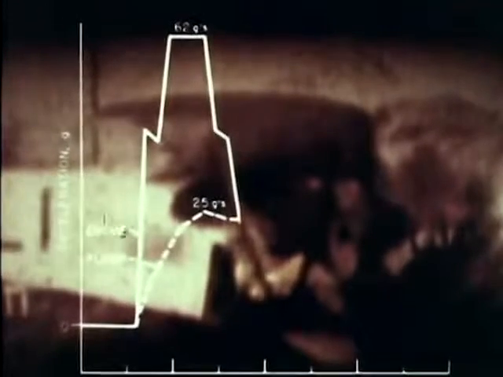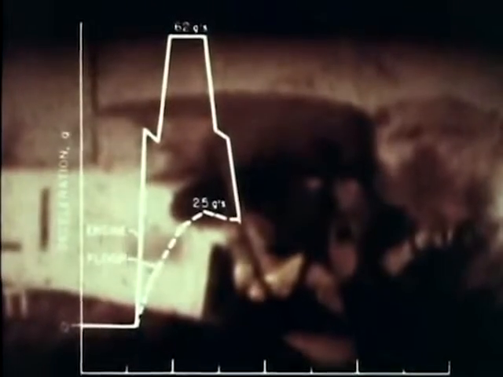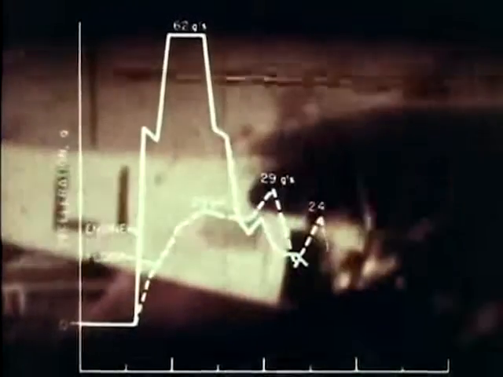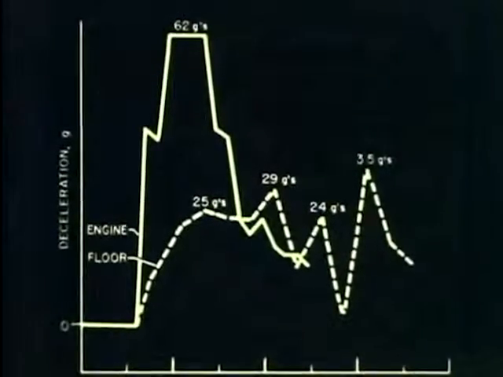This crumpling of the fuselage absorbs a considerable portion of the crash energy. When the force structure has crumpled and the load is applied directly to the fuselage floor, the engine and floor decelerate at about the same rate. The peak deceleration of the engine was 62 Gs, while the floor had a peak of only 35 Gs.